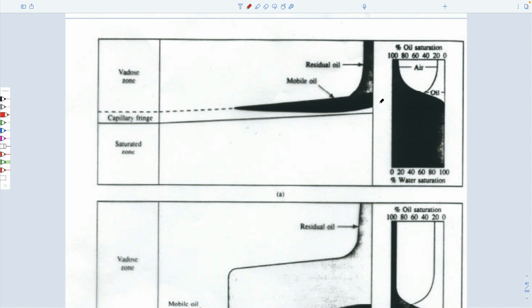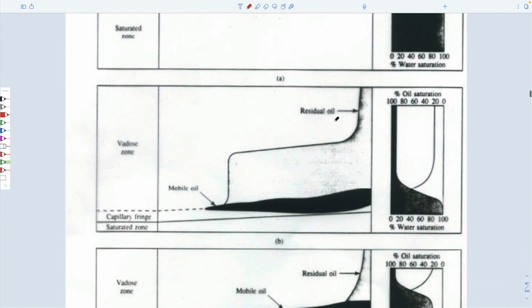And I guess here you'd expect this to be the lens, right? So this would be some air within it, but mainly the non-aqueous fluid, water and the oil at some concentration. This is at residual saturation.